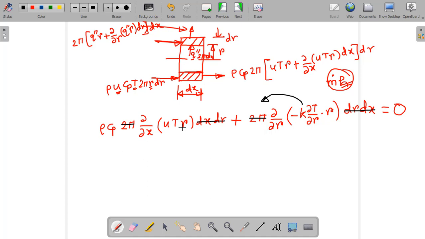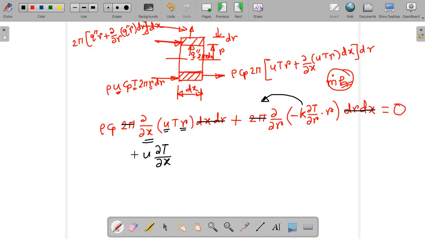It is clear that r is not changing along x, so r you can take out of the differentiation. u is also not changing with x because the flow is fully developed, so u and r can both be taken out, and it becomes u del T del x.